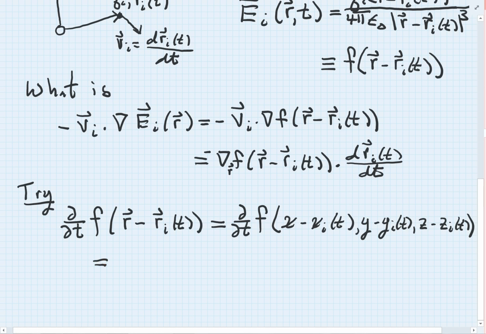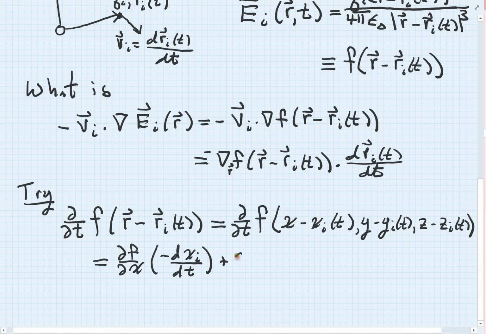You would have the derivative of f with respect to its first argument, which is going to give me partial f partial x. And then you multiply that by the derivative of the argument with respect to time t, which will give me minus dx_i dt. That second derivative, notice, is a total derivative because the position of the particle depends only on time t.